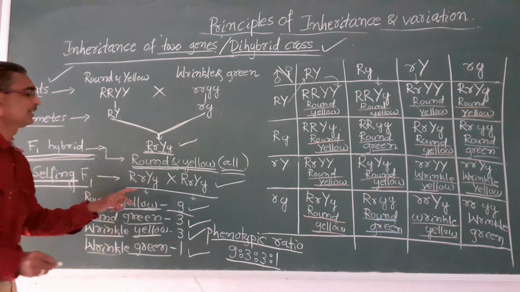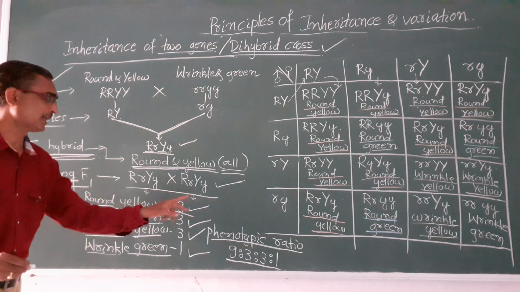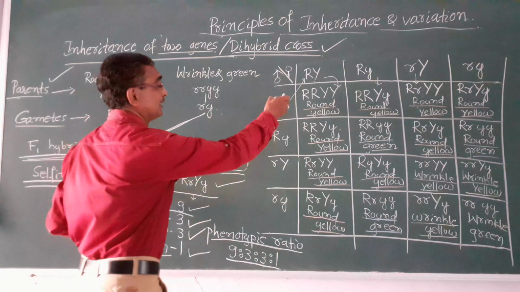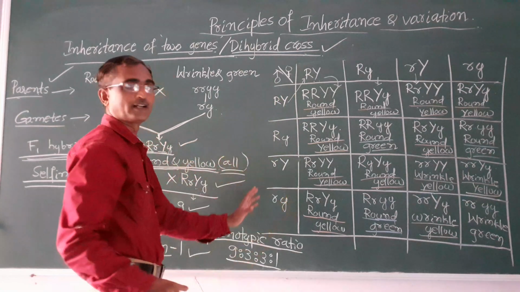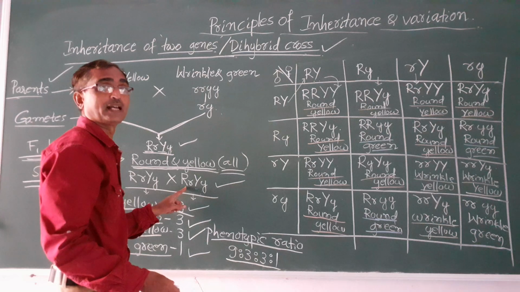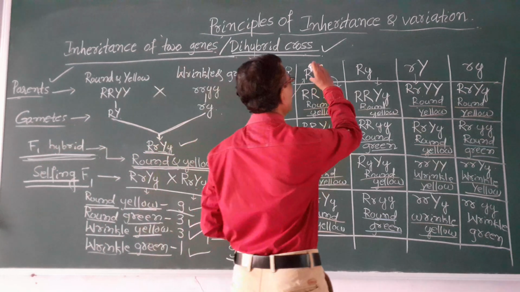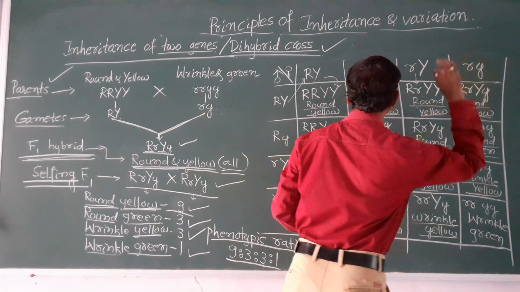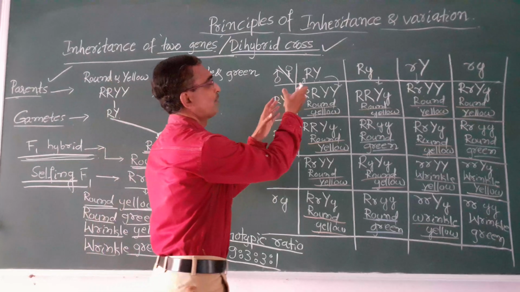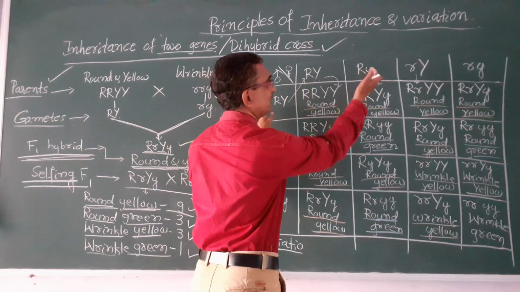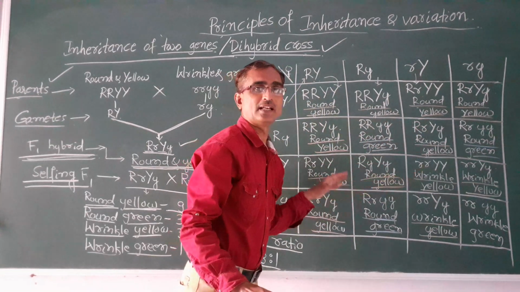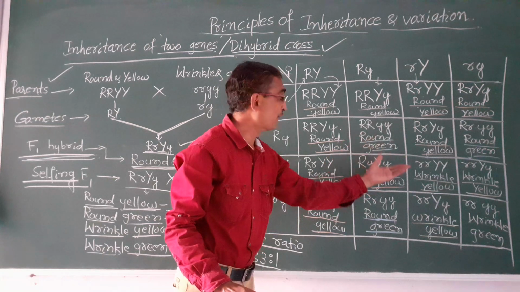Okay, so then this plant will produce gametes, and this plant will also produce gametes, and this plant's gametes are denoted all along this vertical column, and each parent's gametes are denoted all along this horizontal line. Okay, you see here. And then when these gametes fuse with each other, they will produce the generation of plants which is known as the F2 generation.